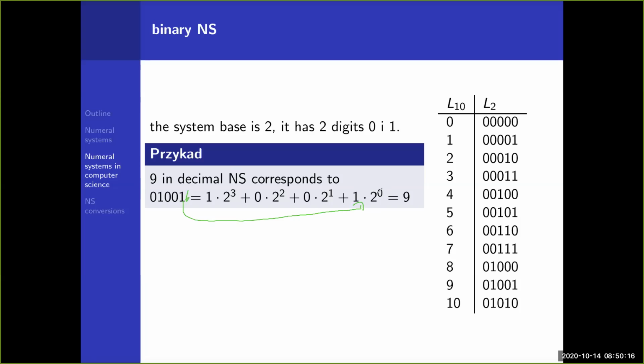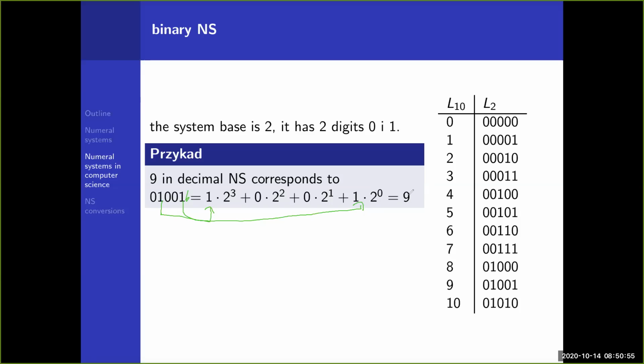So 1 times 2 to the power 0. Next, 0 times 2 to the power 1, then 0 times 2 squared. And here we have another digit, 1 times 2 to the power 3. When we sum these elements up, we get the final value. In the decimal system, it's 9.